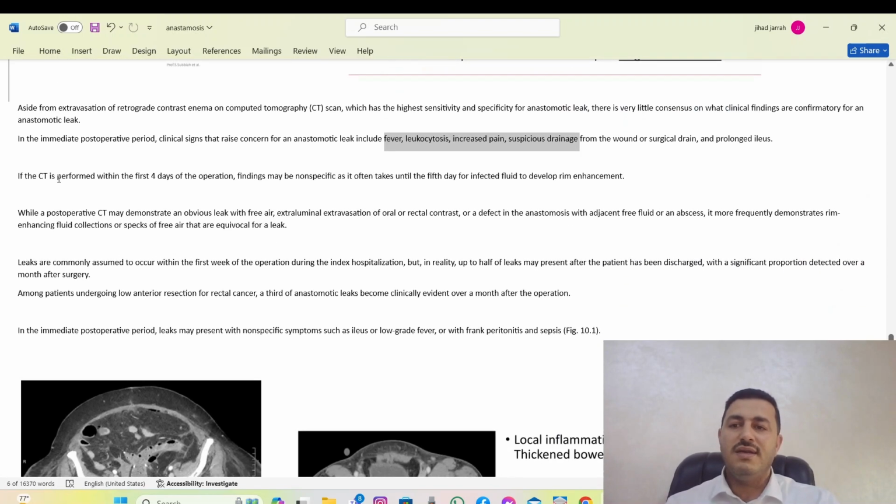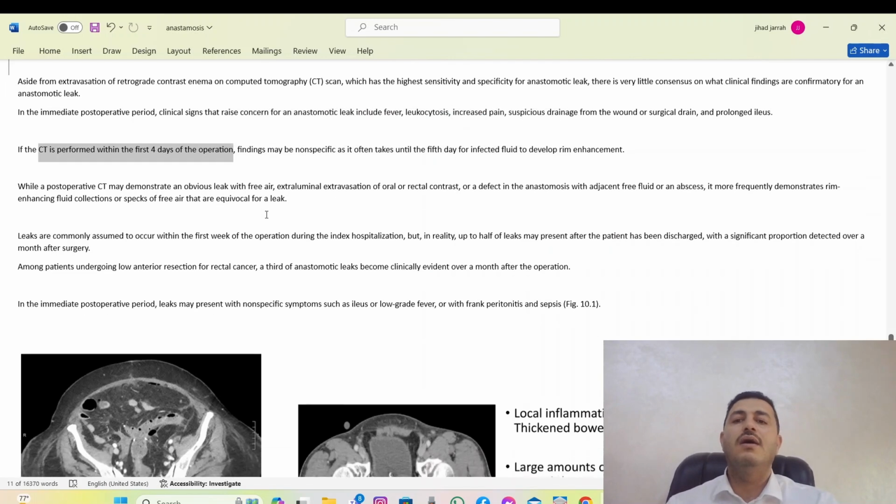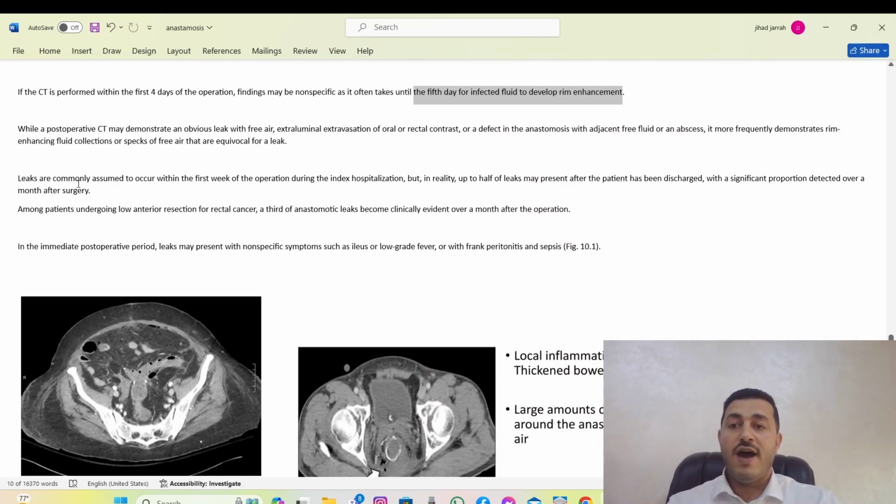You can see even here they say that CT scan within 4 days of the operation has no specific changes. After 5 days, we start to talk about rim enhancement of the fluid and the creation of an abscess.